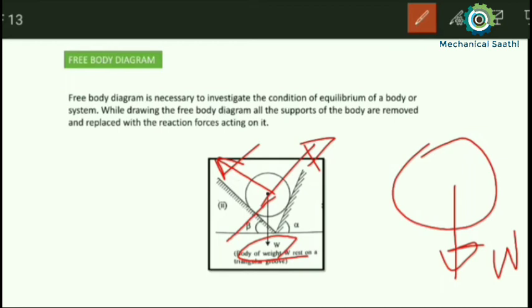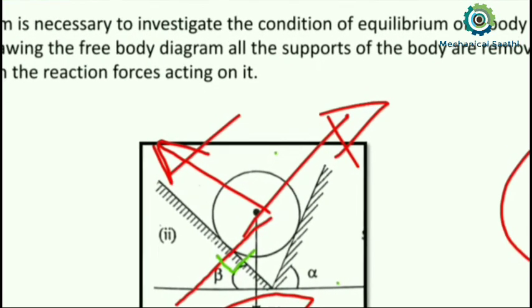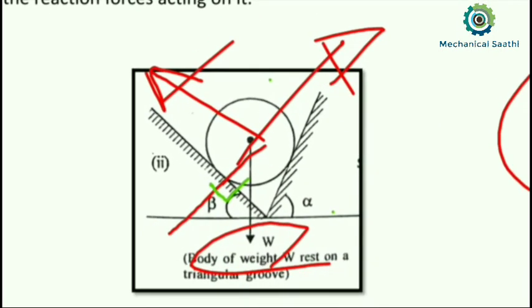If we extend this one, this is 90 degrees, as we already know, and this angle is beta, so this will be equal to 90 minus beta.